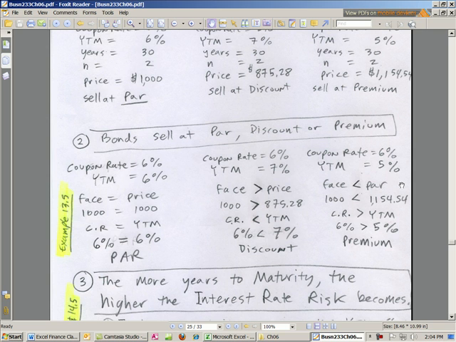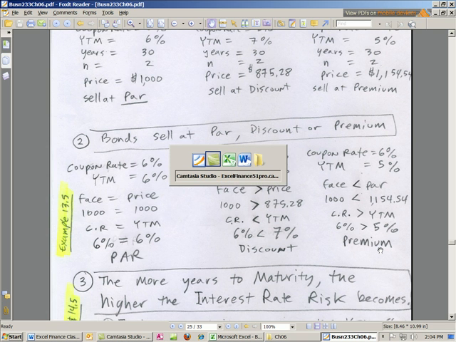Just cross that out and put price. So the face is less than the price. In this situation, the coupon rate is going to be greater than the yield to market. Again, if our rate is greater than the market, we can sell it at a premium. In our case, 6 is greater than 5, recorded at a premium. All right, let's go look at some examples over in Excel.